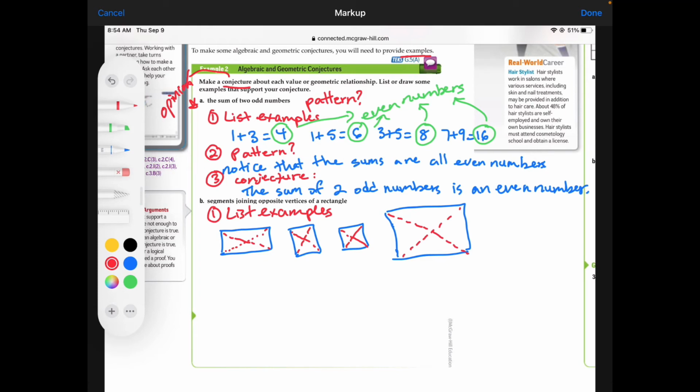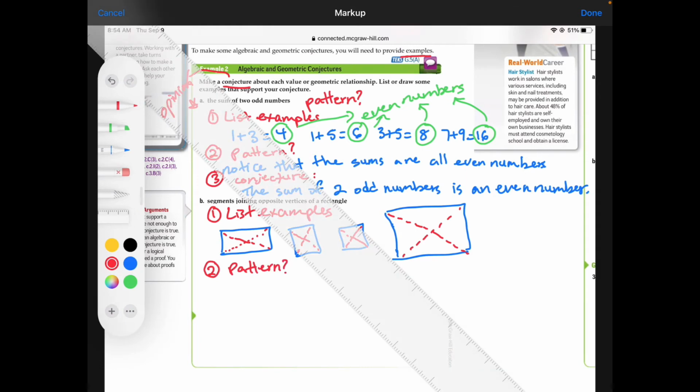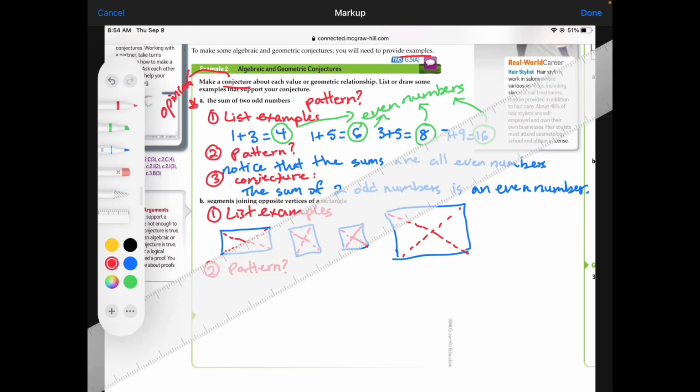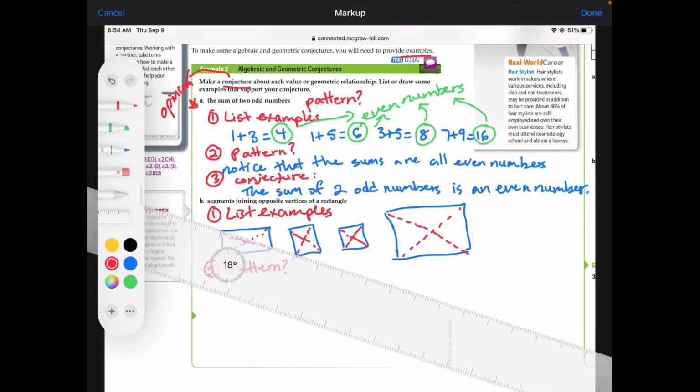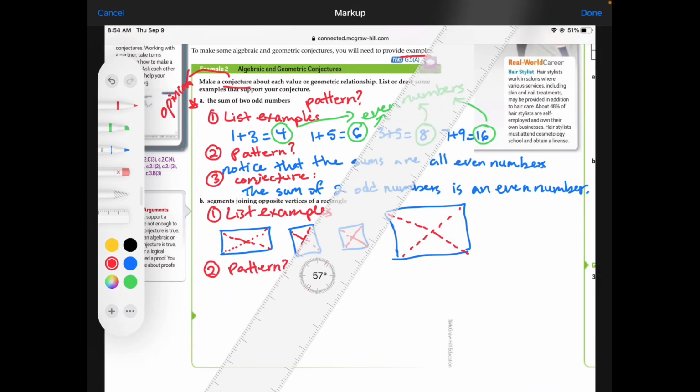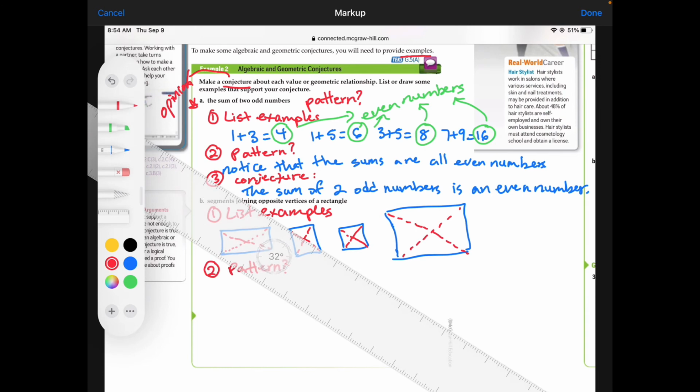As I look here, try to find a pattern. Is there anything that you notice? It might take you a little bit of time, but if we take out a ruler and measure that line, we could say this is maybe 2 centimeters here. If we go right here, it would be the same, 2 centimeters. So in this case, the diagonal lines are the same length. This one looks about 1 centimeter, perhaps, and this would be the same or very similar.